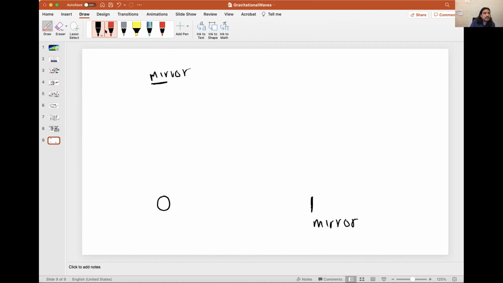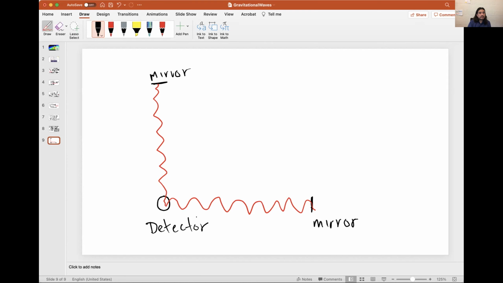And then a laser gets sent in both directions from here and from here, the same frequency of laser. And when the laser comes back bouncing off the mirror, there's a detector here. And that detector can look at the two incoming beams coming back together.